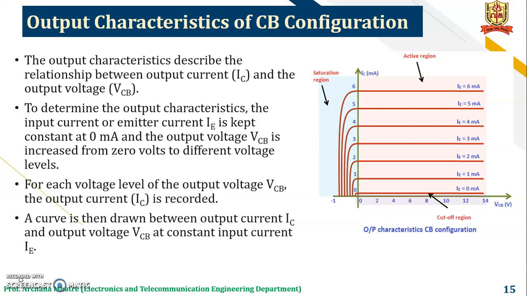For each voltage level of the output voltage VCB, the output current IC is recorded. A curve is then drawn between the output current IC and the output voltage VCB at a constant input current IE. So these are the output characteristics of common base configuration.